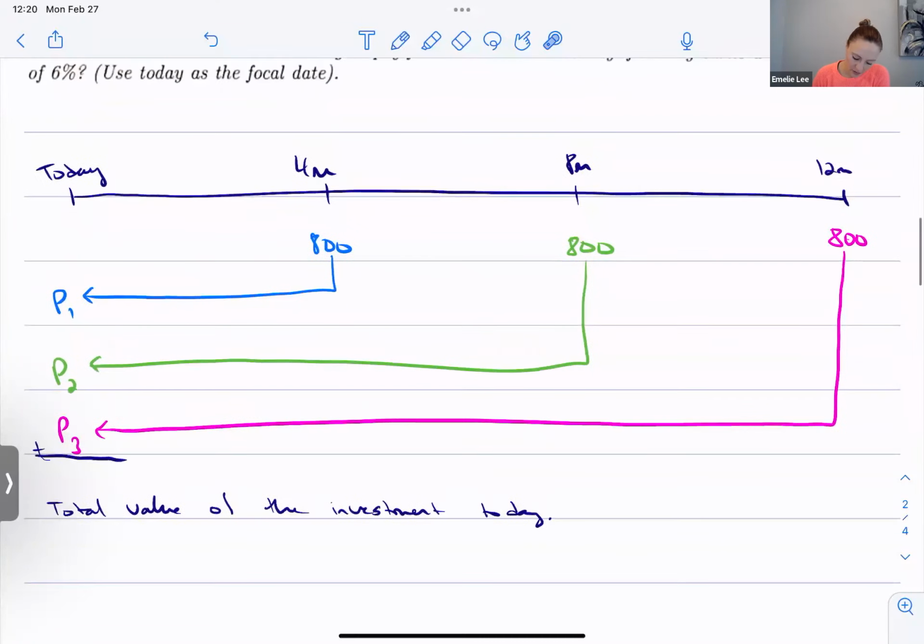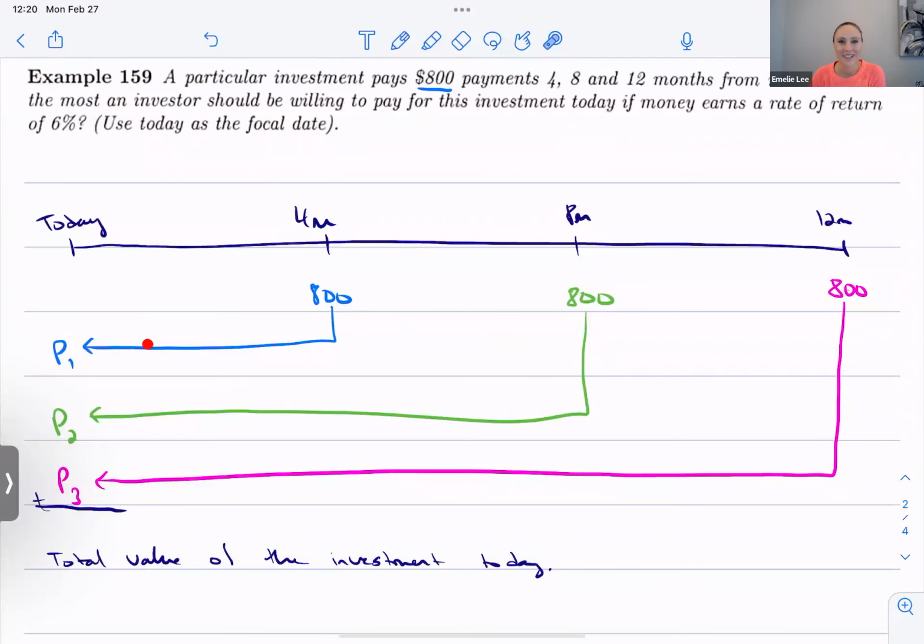Next thing I want to do is put the time on each of the arrows. Remember, time is in years for simple interest. The length of this arrow is the time. So in this case, this time is 4 out of 12 months. You try to just match the units.